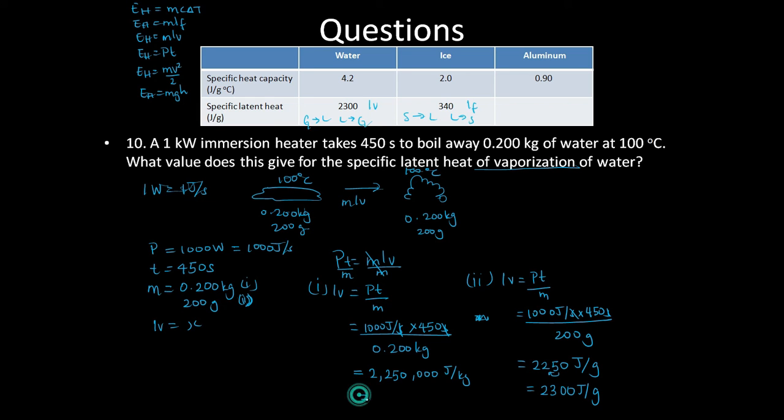And so to the nearest 100,000, we have that joules per kilogram. Just going to bump that up. Great. So I hope everybody was able to do this.